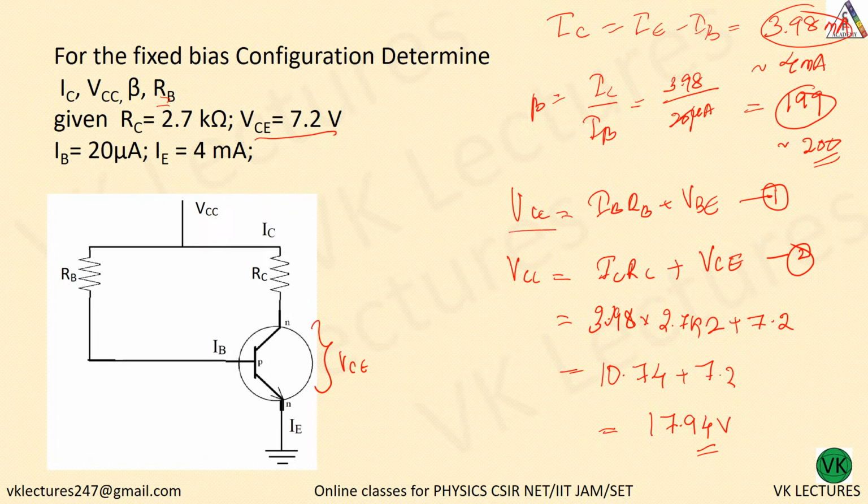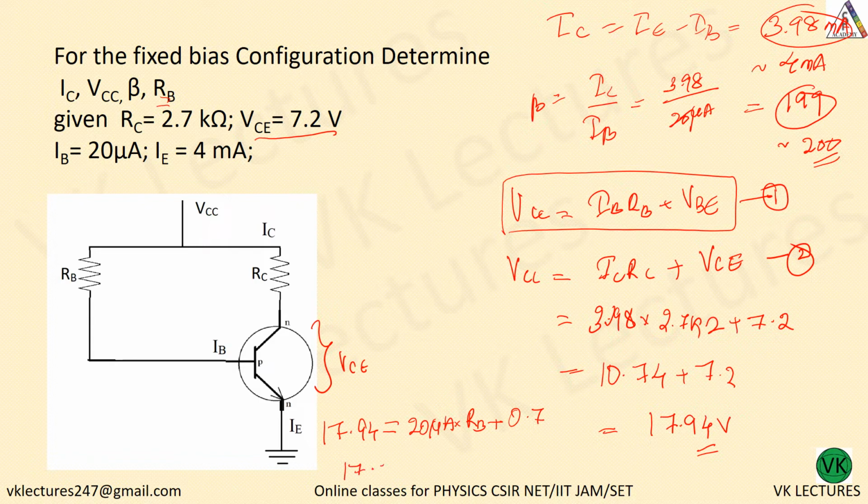Now just apply VCC here in this equation. So VCC 17.94 minus IBRB. IB is 20 microampere, 20 microampere into RB plus VBE. VBE 0.7. So 17.24 divided by 20 microampere equal to RB.